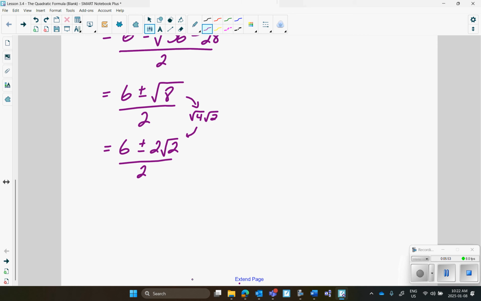Can I keep going? Yeah, I can divide everything by 2. 6 divided by 2 is 3. Remember, all the non-square roots divide by 2. You don't divide the square roots by 2.